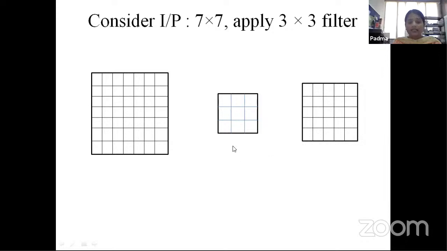When you do that, you will get 5 cross 5 as your output image, right? Here padding P is equal to 0.